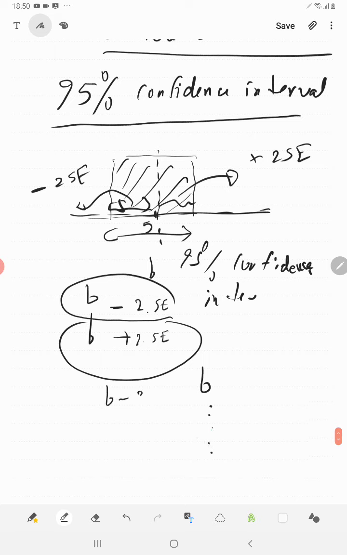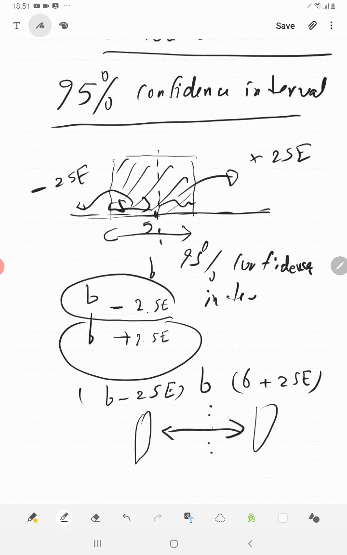So this is B minus 2 times standard error, and this is B plus 2 times standard error, okay? The 2 here is for 5%. If we go to a different level, like 90%, these values will be different. But 95% is practically always chosen in all applications, okay? Now, the B we obtained will be between these two values here, okay? So we call this interval the confidence interval.